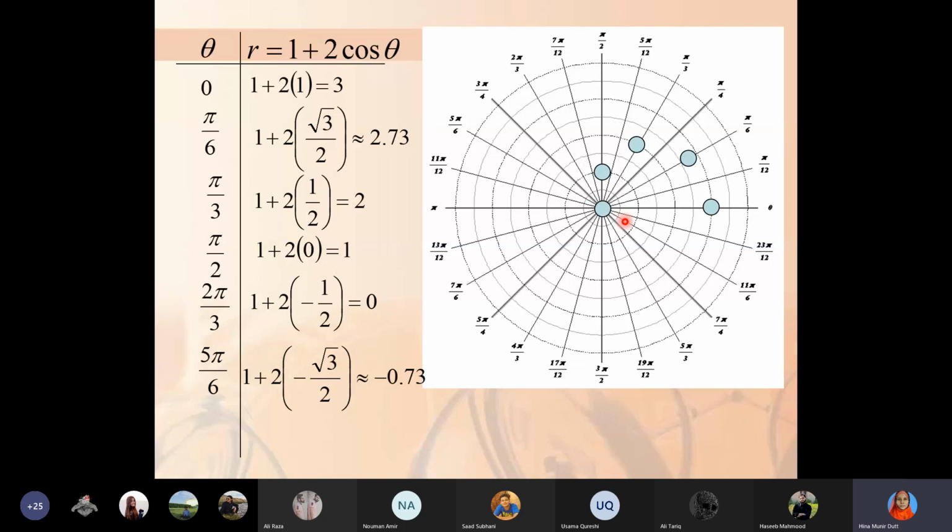So I will locate r over here since r is negative. I will locate r in the opposite direction of theta equal to 5 pi by 6, which is this line, theta equal to 11 pi by 6. So r is minus 0.73. This is 0.5 and 0.73 is over here. I think you need a little correction for this point. So this is over here.